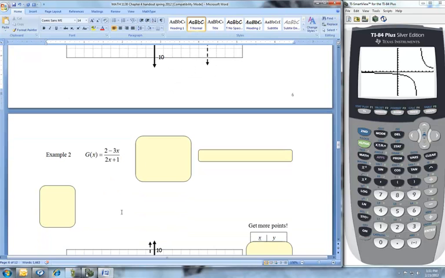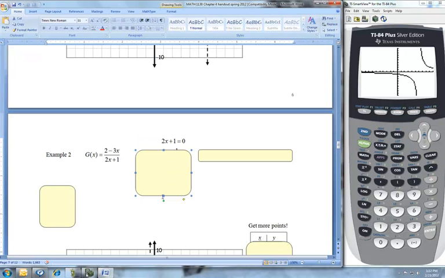I almost forgot that. Alright, so here I've got this function. So how do you find your vertical asymptote? Why don't you stop me and you go find it, and I'll keep on going. Just pause me and see if you find out what I get. So I am going to set my denominator equal to 0 and solve.